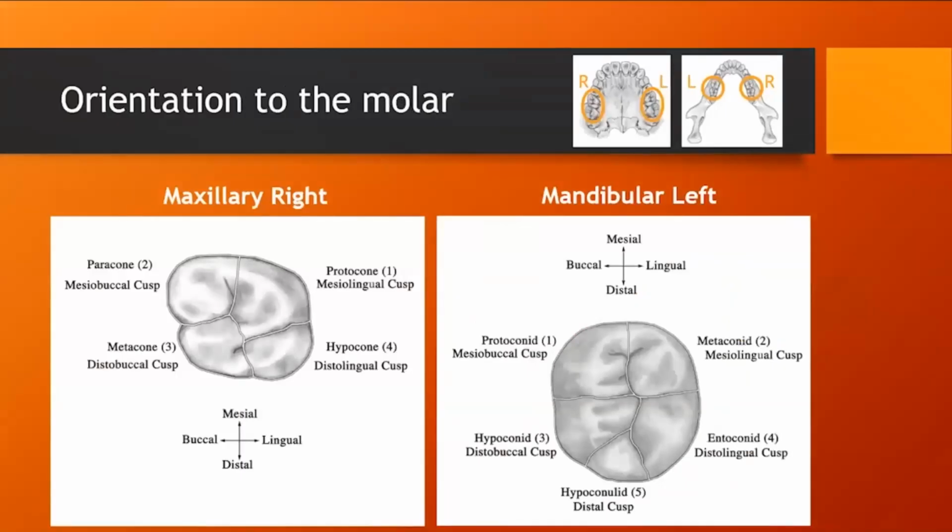So here's a little orientation to molars in general for reference. You've got those previous graphs up on the upper right. If we look at that maxillary right molar, the buccal side is to the left of your screen as you're looking at it, and the lingual is on the right. Mesial is towards the front of the mouth, distal is towards the back of the mouth. There are 4 primary cusps on that molar.